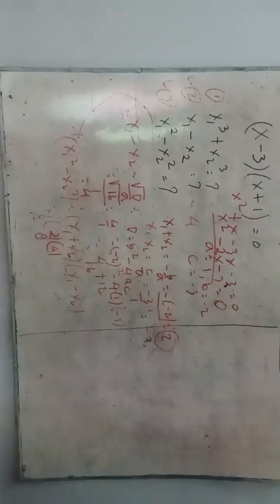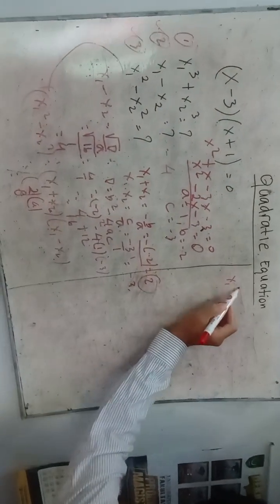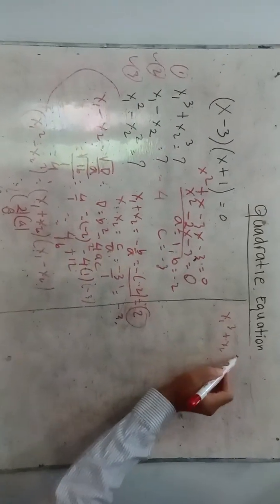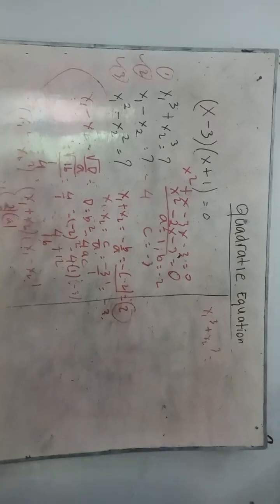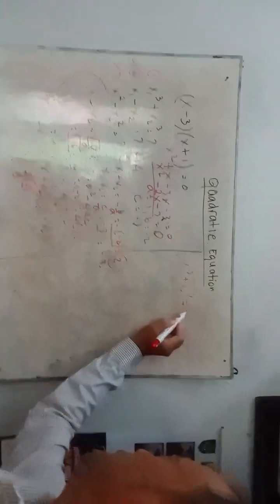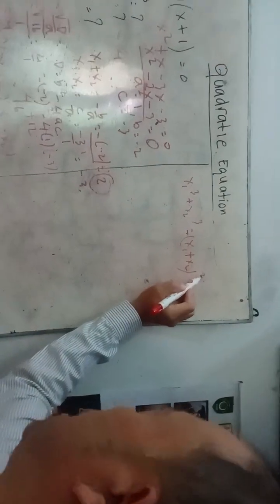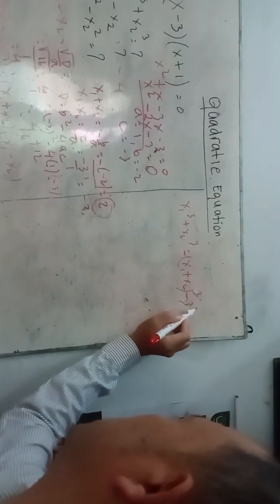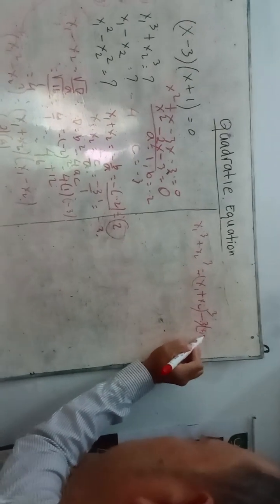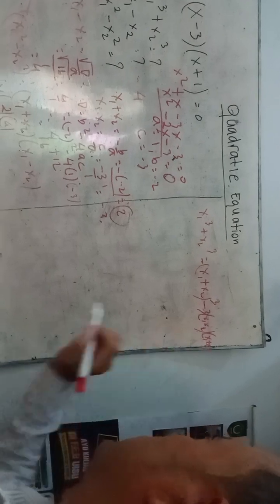What about number 1? We know x1 cube plus x2 cube. As in the Pascal triangle, we have (x1 plus x2) cube minus 3 x1 x2 times (x1 plus x2).